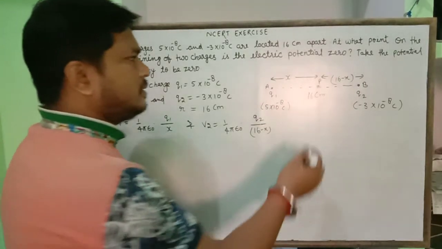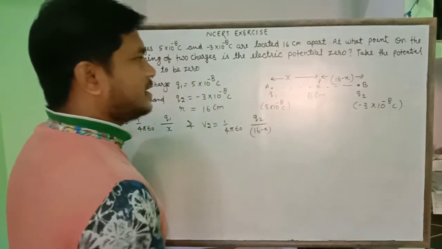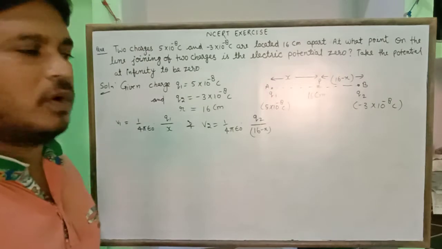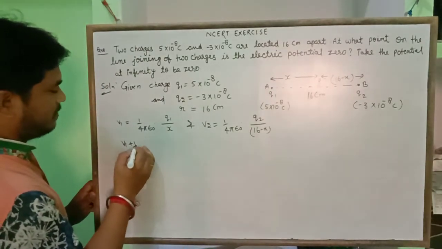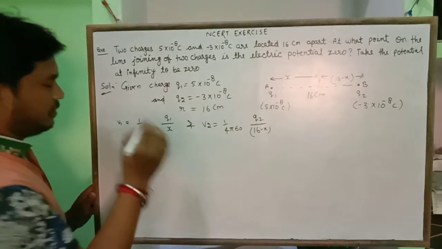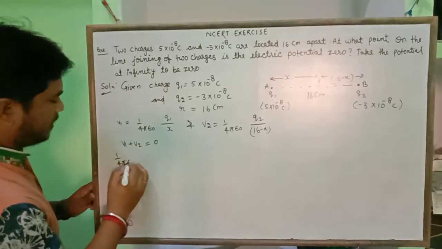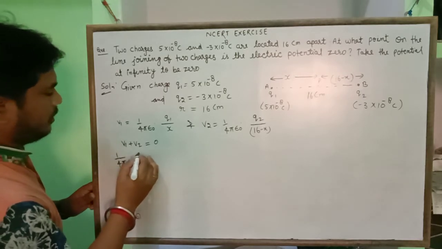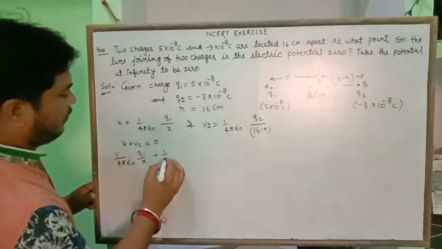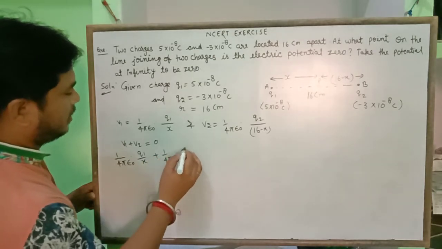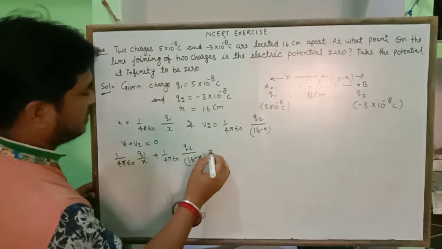As per question, the total potential due to these two charges at point P is equal to 0. That's why we can take V1 plus V2 is equal to 0. So 1 upon 4 pi epsilon naught into q1 upon x plus 1 upon 4 pi epsilon naught q2 upon 16 minus x is equal to 0.